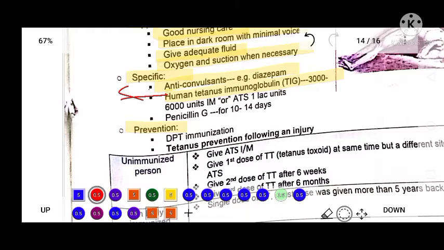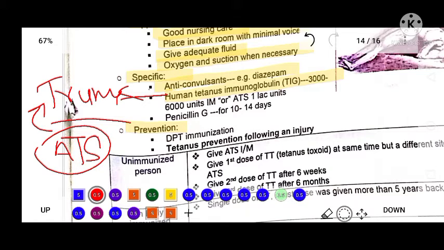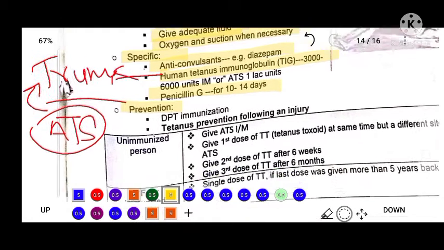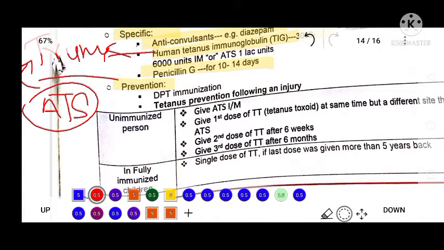When a patient gets trauma, that patient must be given ATS through the intramuscular route in order to prevent the occurrence of tetanus, and penicillin G can be given for 10 to 14 days once tetanus is developed. So in this way we can manage tetanus.